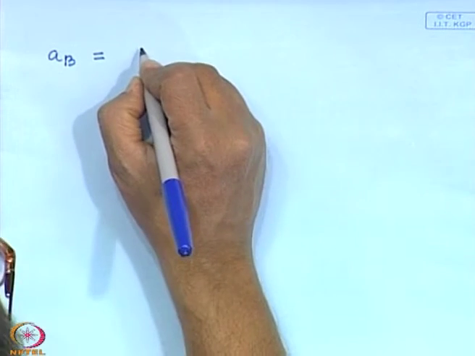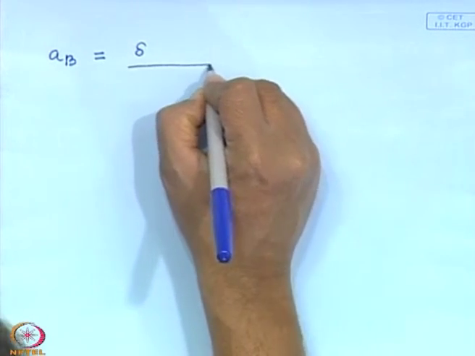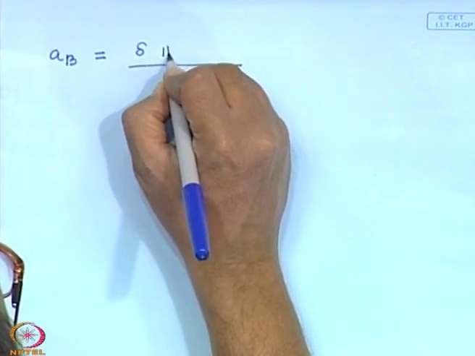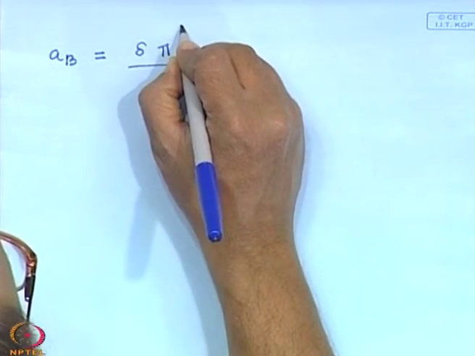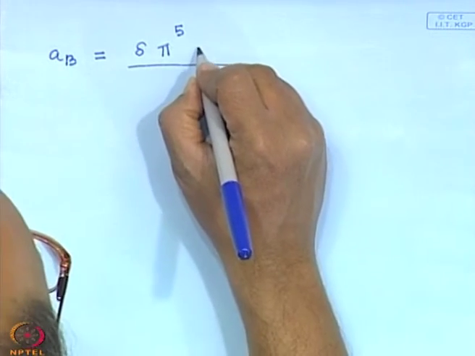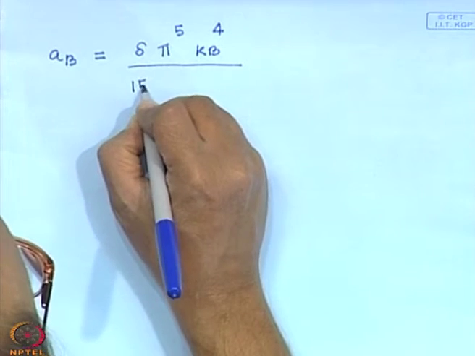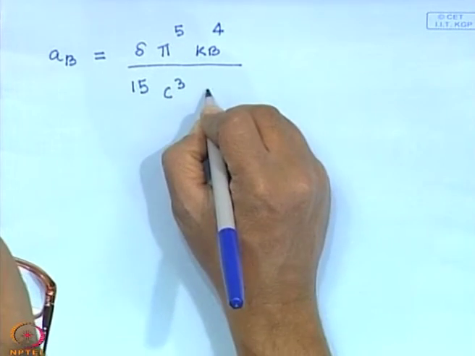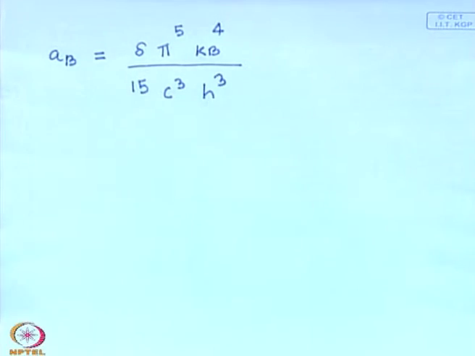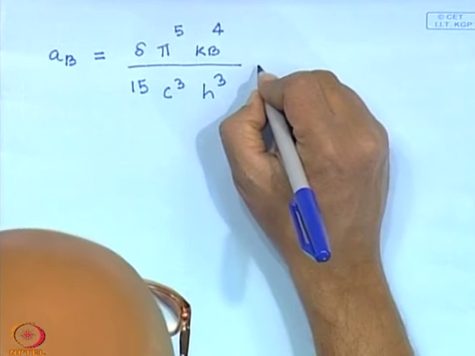So, I have in the numerator 8 pi to the power 5 kB to the power 4 by 15 c cube and h cube. That is the Stefan constant, and this has a value.